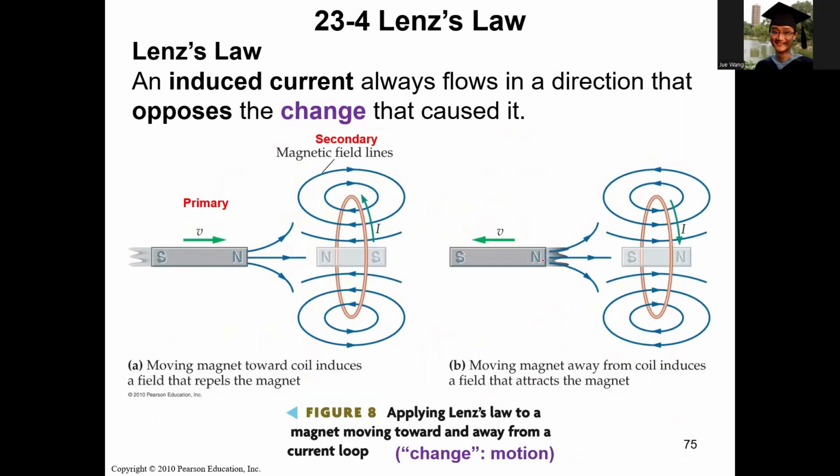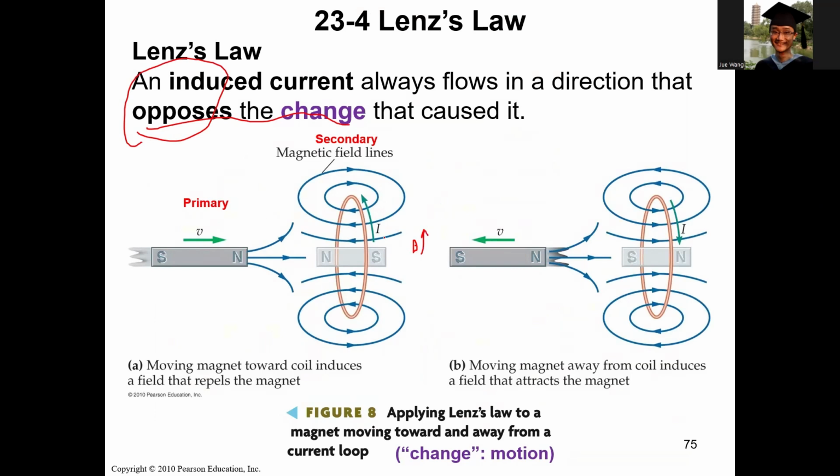There are many applications of this, but importantly, we need to know the direction of the induced current if the magnetic flux changes. Lenz's law tells us the induced current always flows in a direction that opposes the change that causes it. So the induced current will induce a magnetic field, and this induced magnetic field will always oppose the change. For example, if a bar magnet is moving to the right, then the magnetic field towards the right is increasing.